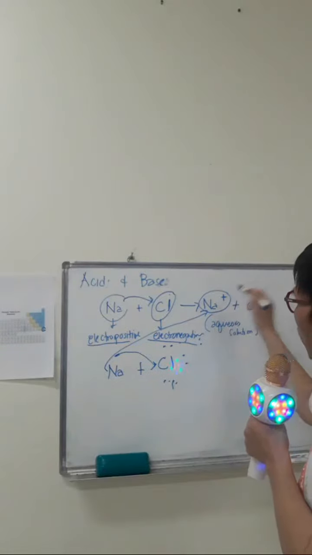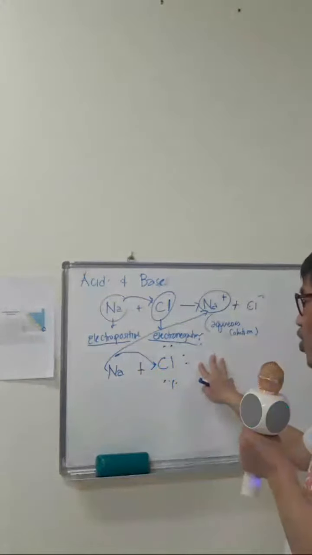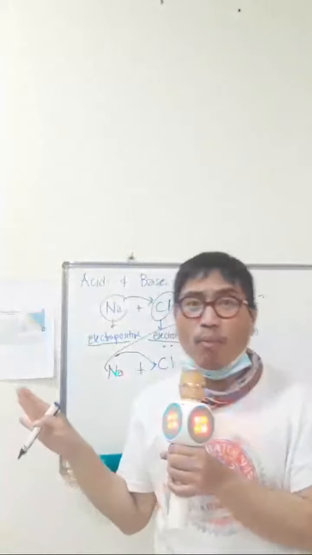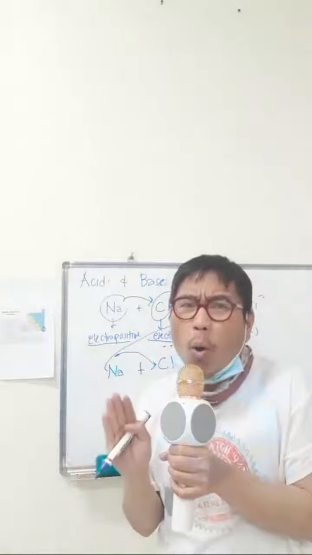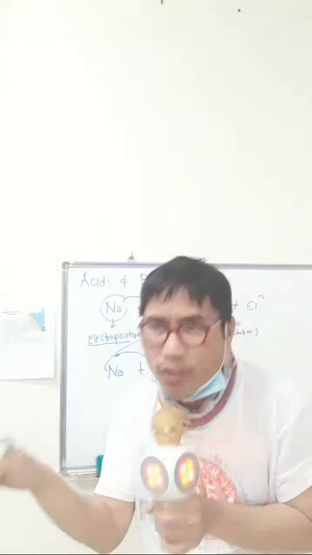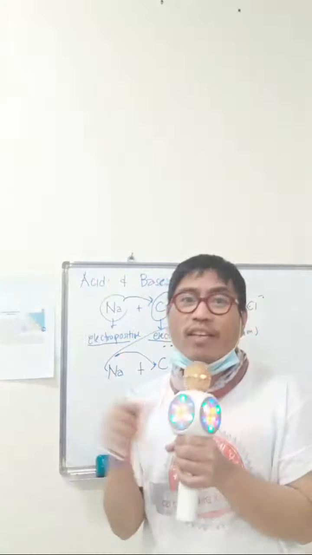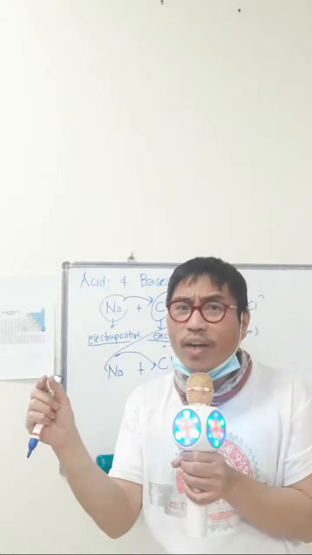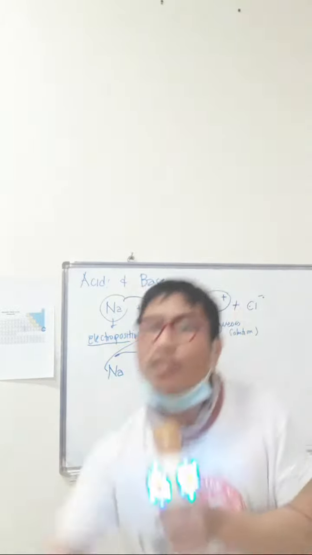Since chlorine is not sharing back its electron, it will be more electronegative. The electron will go back to itself, directed to itself only. That is what we call electronegativity. The electrons do not move away from it, instead they move towards it.